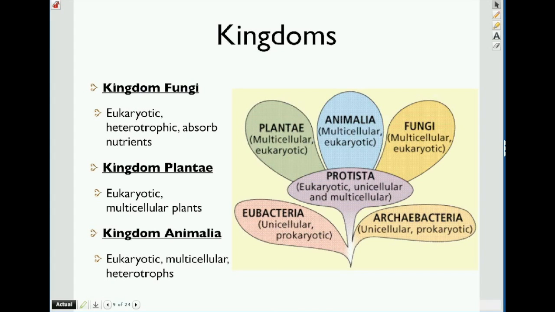Then we can go and talk about kingdom Fungi. So these are eukaryotic and they're heterotrophic. They're not plants, but they kind of act like plants. But they absorb nutrients, so they're essential in decomposing and the recycling of nutrients on the planet.